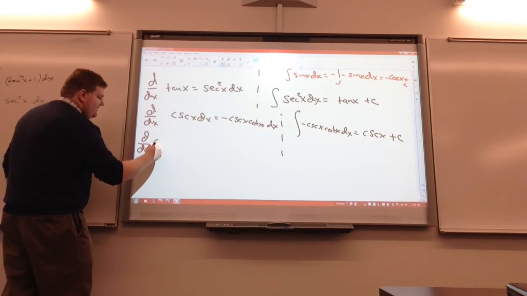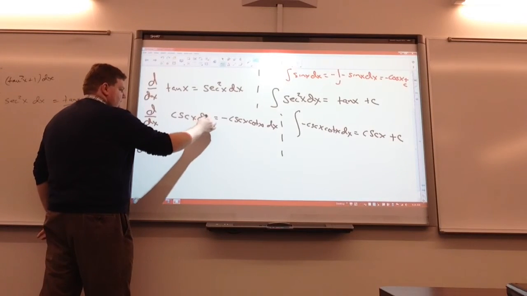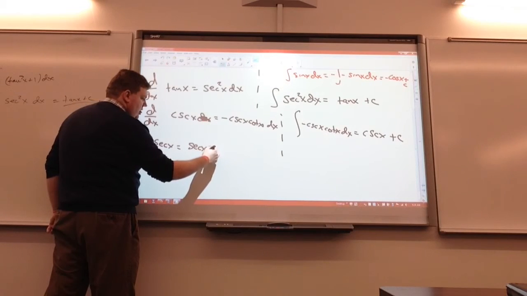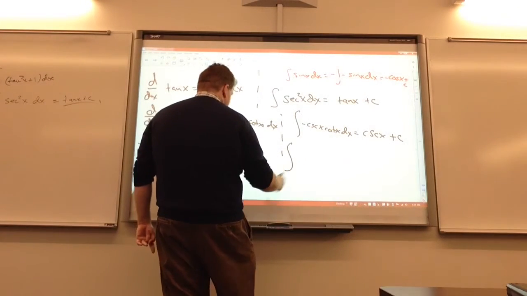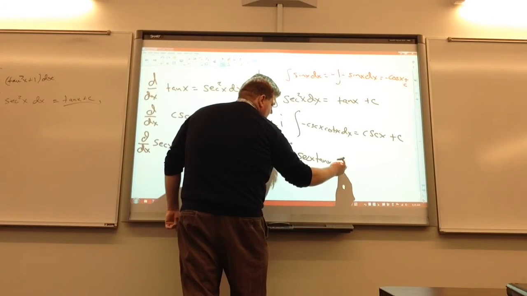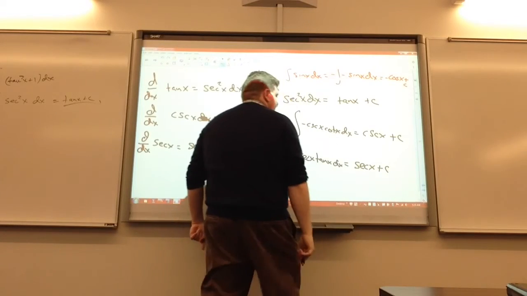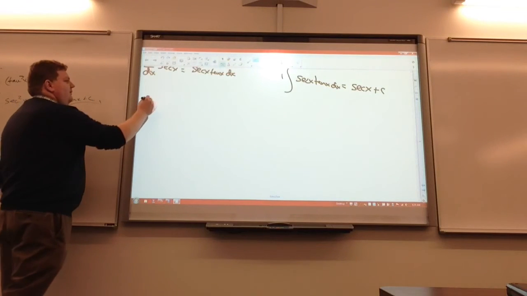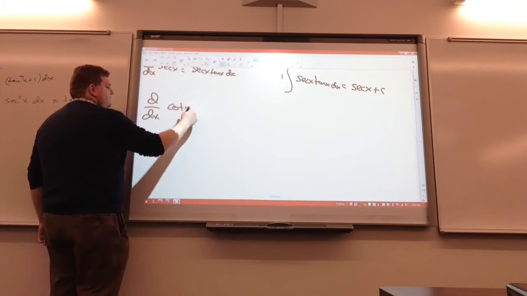The derivative with respect to x of the secant is equal to secant of x tangent of x dx. And finally, cotangent.